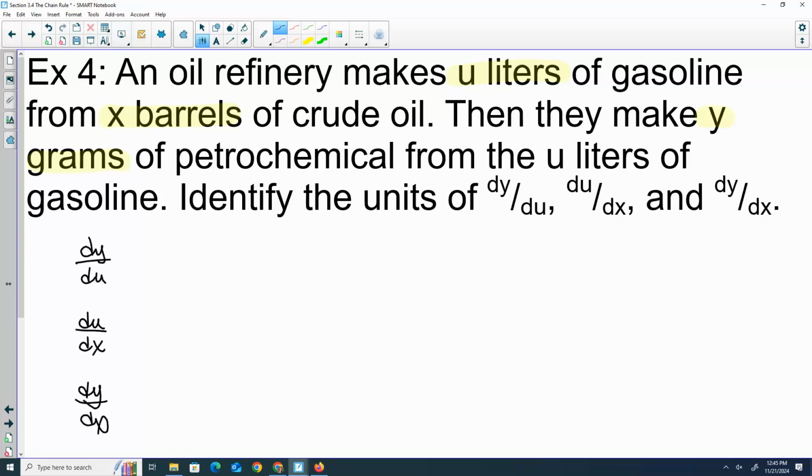So just look at your variables. Y is on top. What were the units on Y? Grams of petrochemicals. So let's just do grams, just units, per U, which was liters. So the units of dy du is grams per liter.